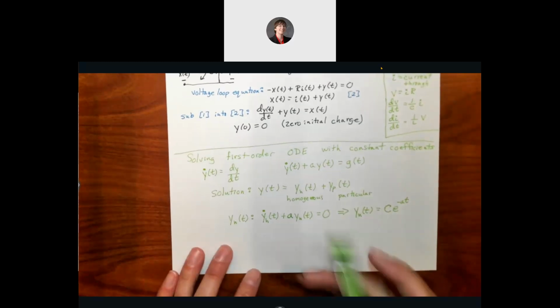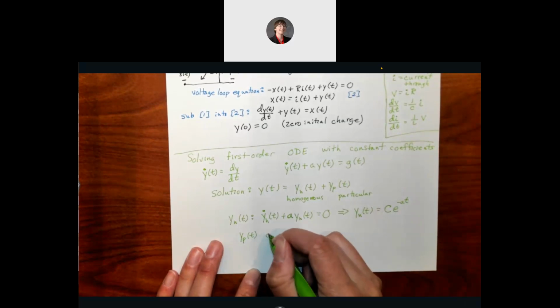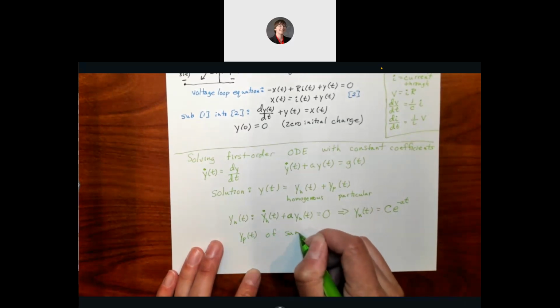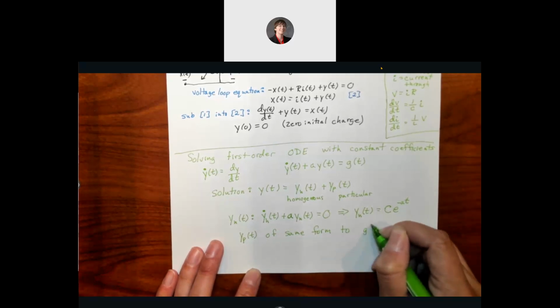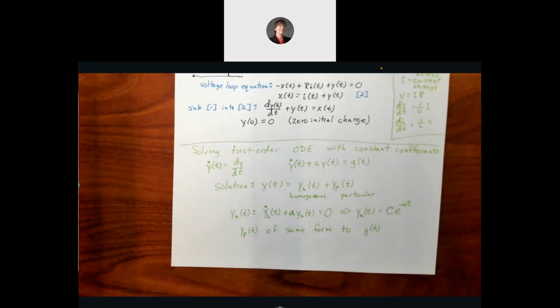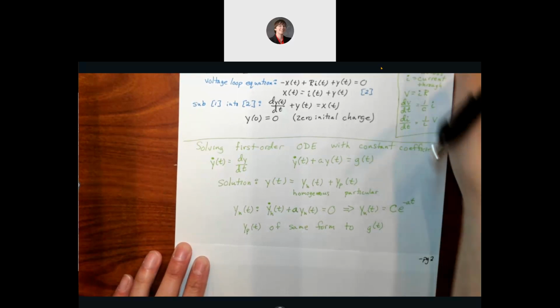Your particular part is going to be of similar form to g of t. If it's a constant, then your particular solution is likely to be a constant. If it's a sinusoid, likely to be a sinusoid. With that little bit of an aside, let's go back to our circuit.